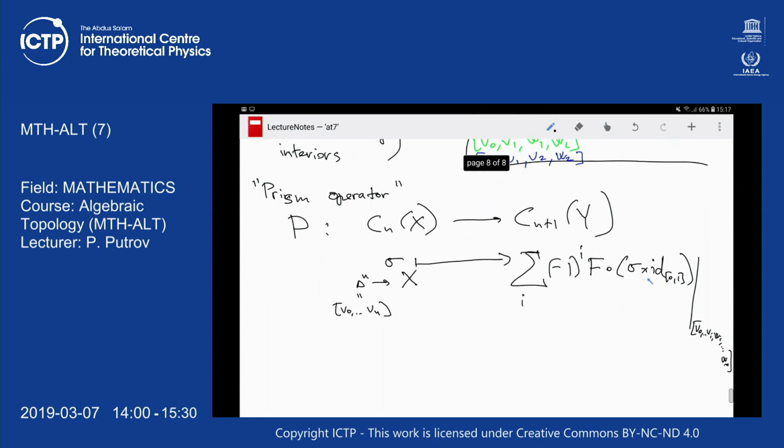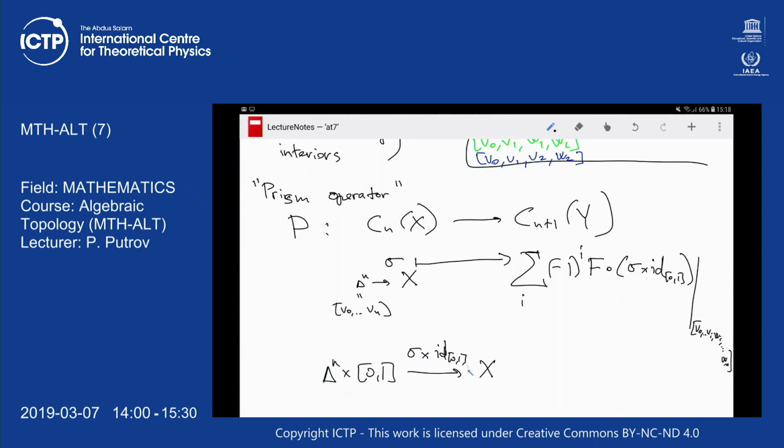So let me elaborate a bit on this. I can consider a map from delta n times interval, which is sigma times identity, to x.